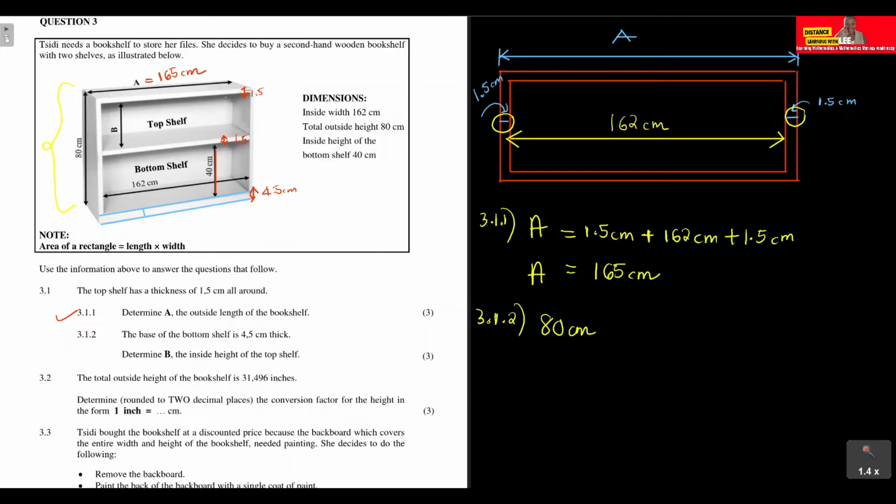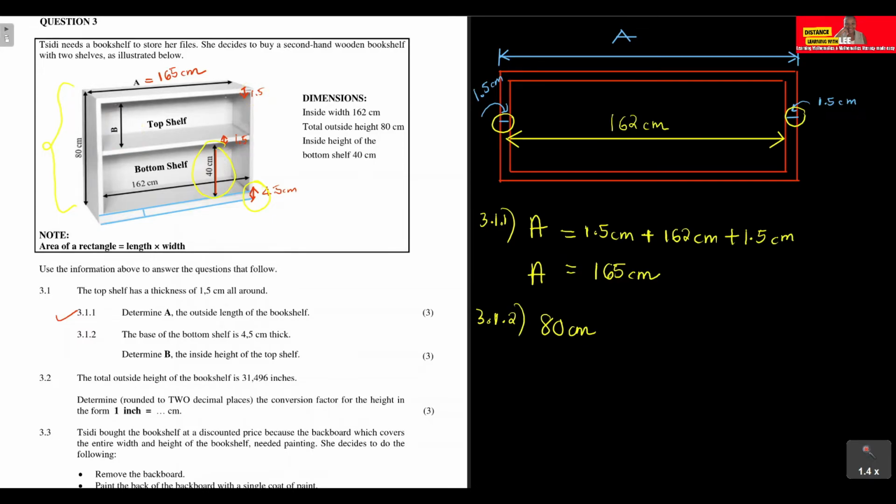This 80 centimeters is composed of the 4.5 plus the 40 centimeters plus the 1.5 plus B plus 1.5, so we add up all those values together.